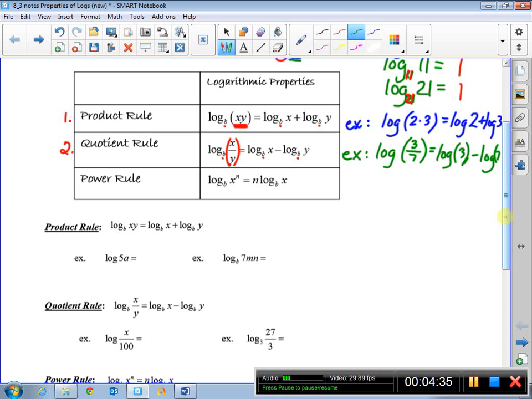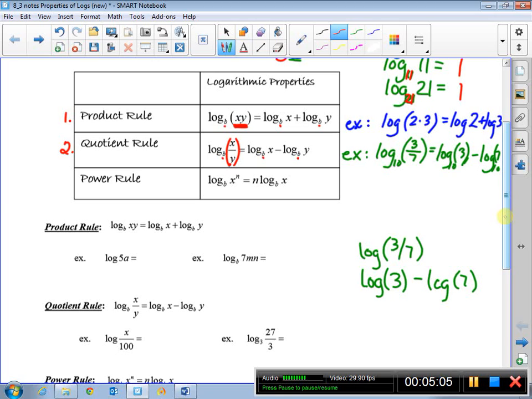Again, confirm this on your calculator. Let's just say my base is 10 throughout, so certainly you can use the log button on your calculator. Log of 3/7, hit enter, and then do the log of 3 minus the log of 7, and hit enter, and you should have the same results.